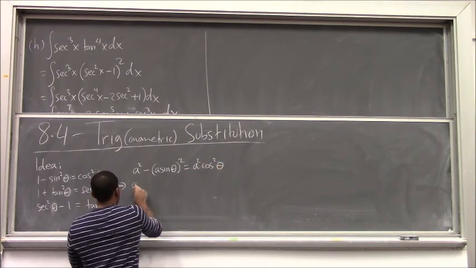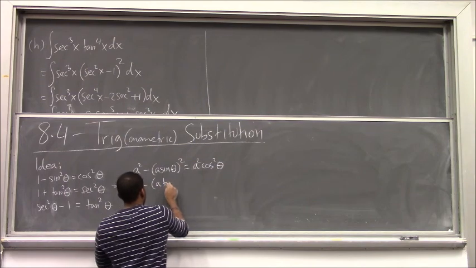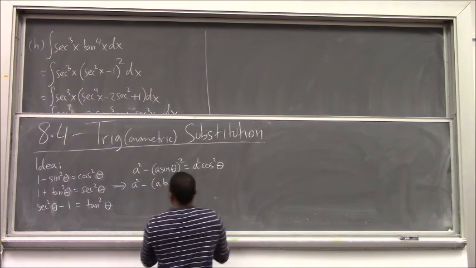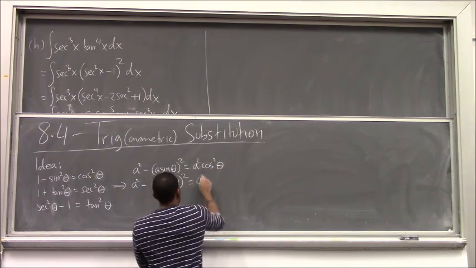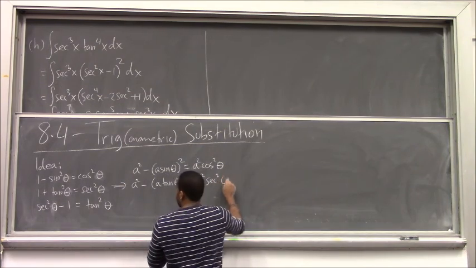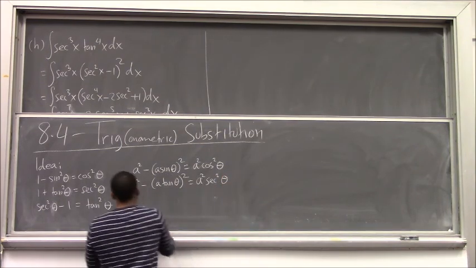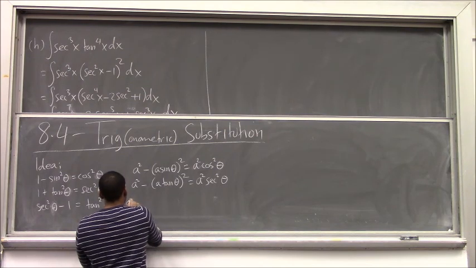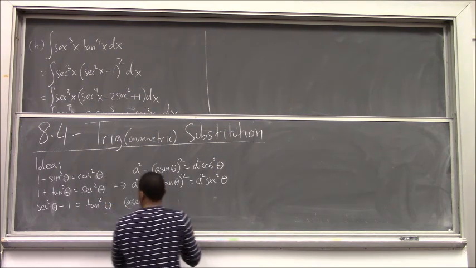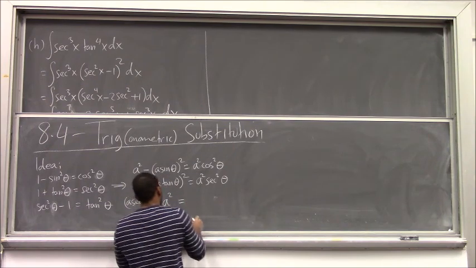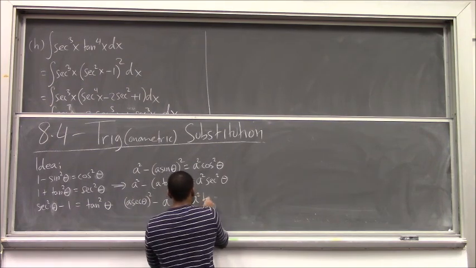And of course, if you have a squared plus a squared tangent squared theta, that's going to collapse into a squared secant squared. And if you have a squared secant squared theta minus a squared, you are left with a squared tangent squared.